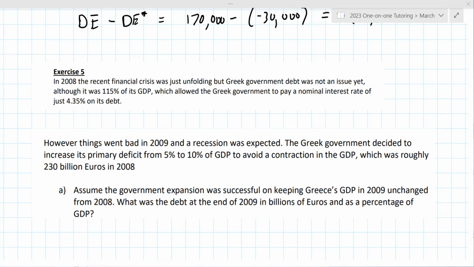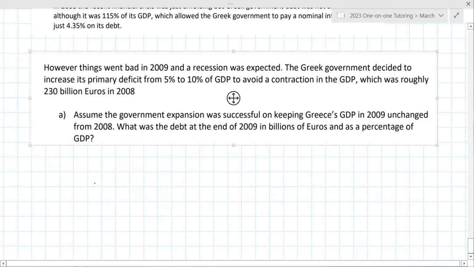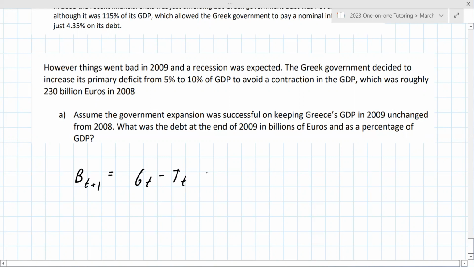There's some sort of formula here. B T plus 1. Does that at all look familiar? No. Okay. That's what I'm asking, because it looks like they're using these subscripts for a reason.